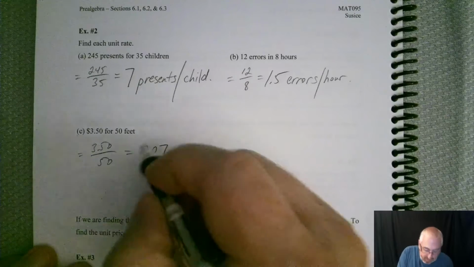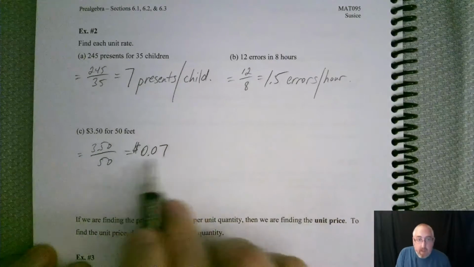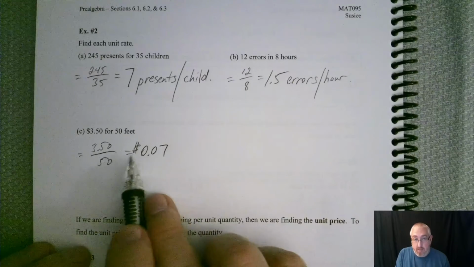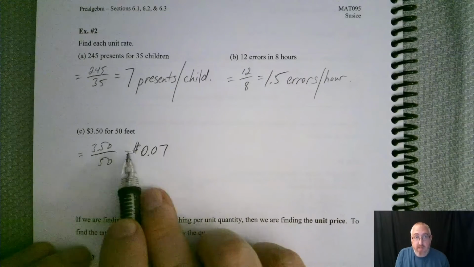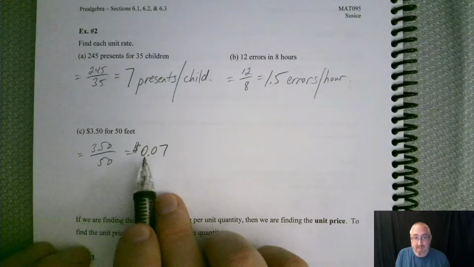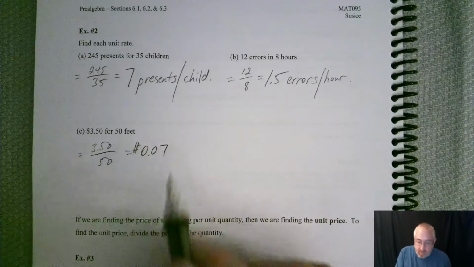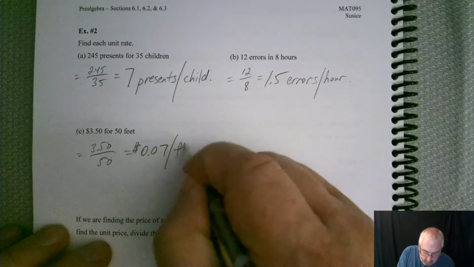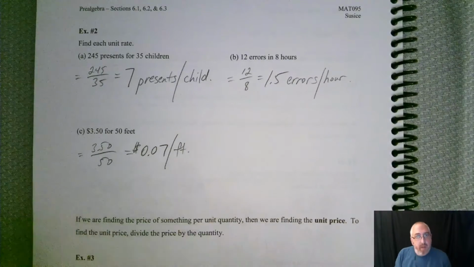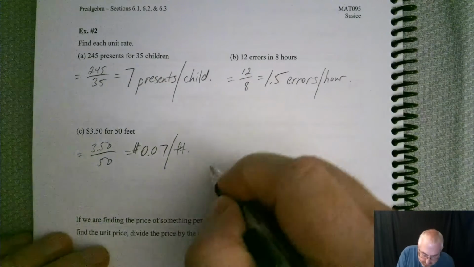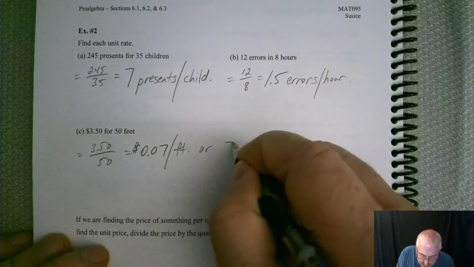So that's going to have to be 7 cents. So $3.50 over 50 feet reduces to 7 cents, or 0.07 of a dollar per foot. So be careful with those units. Now I know you're thinking cents. How could I do this in cents? Well, you could write it like this.